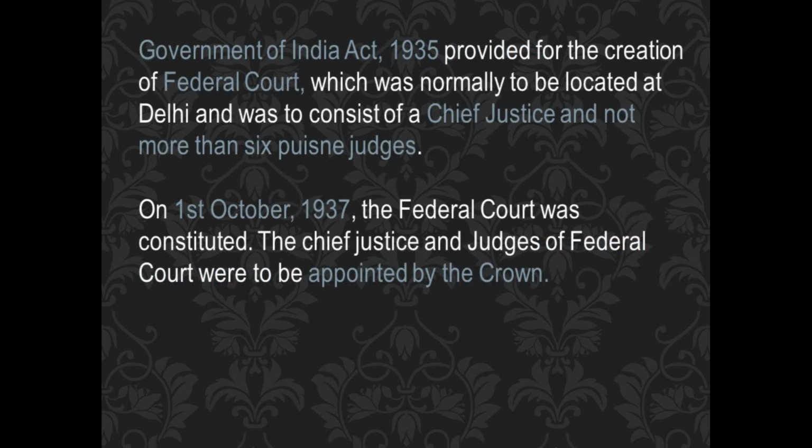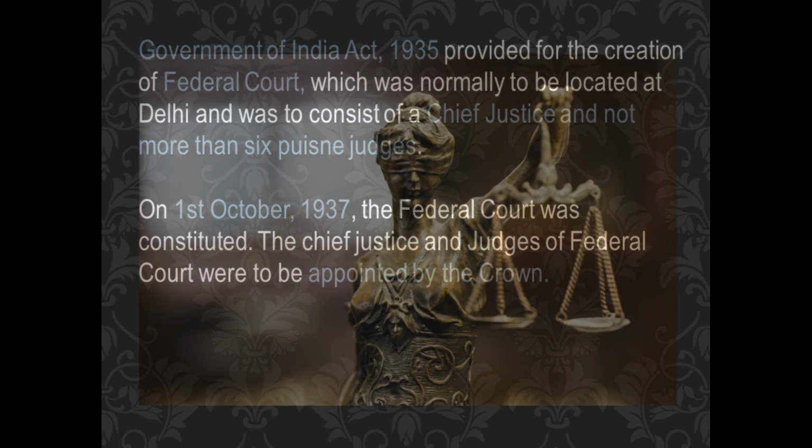The Government of India Act 1935 provided for the creation of a Federal Court, which was normally to be located at Delhi and was to consist of a Chief Justice and not more than 6 puisne judges. On 1st October 1937, the Federal Court was constituted. The Chief Justice and judges of the Federal Court were to be appointed by the Crown.